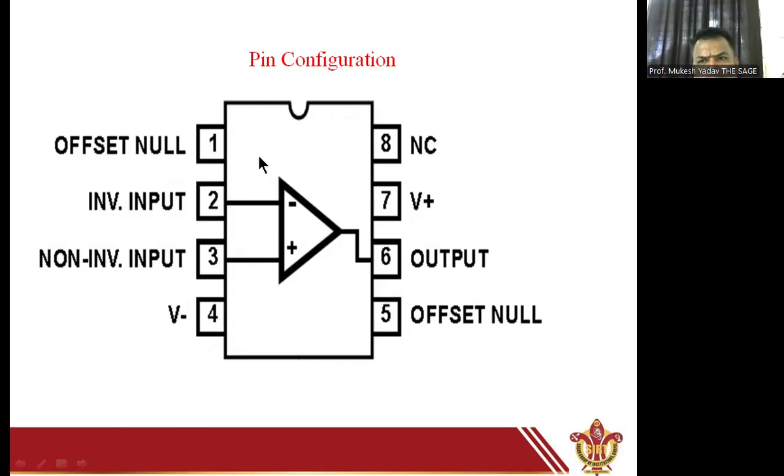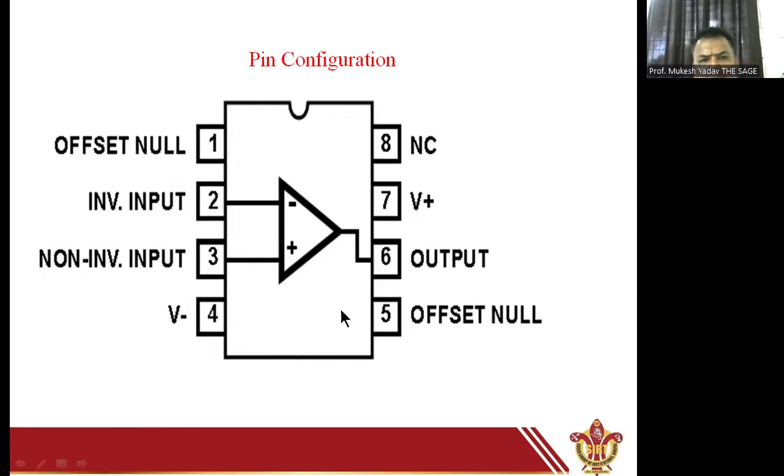This is the pin diagram of the IC741. This is an 8-pin IC. Terminal 1 is offset null. That means initially we need zero output when we have applied no voltage or no input signal in this IC.